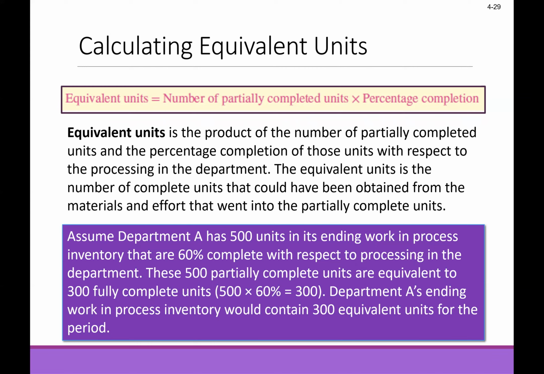So as you see here, Department A has 500 units in its ending work in process. They're 60% complete with respect to processing in that particular department. So the 500 units at 60% complete has equivalent units of 300.